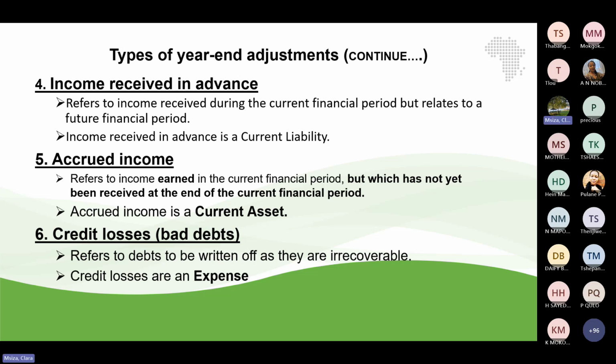We also have credit losses, which used to be called bad debts. This refers to debts to be written off as they are irrecoverable, and this will be treated as an expense. For example, these are debtors or people who have been owing you for a while, and there is some assumption or some proof that they might never repay you.